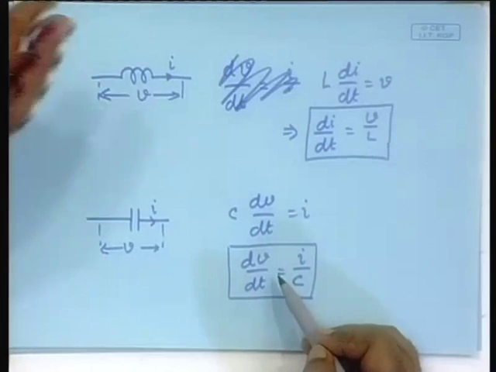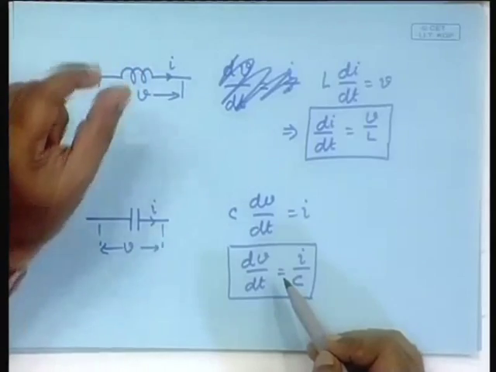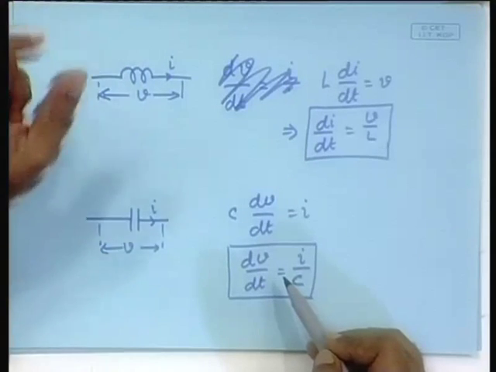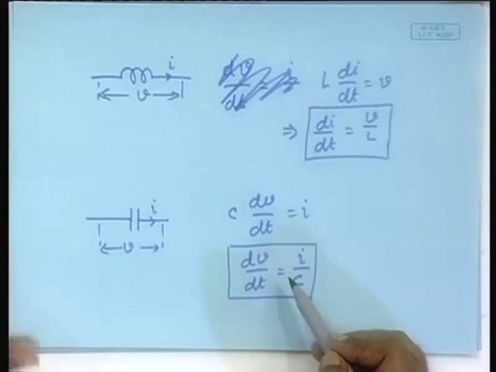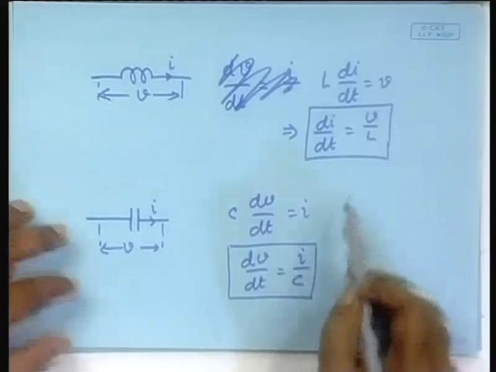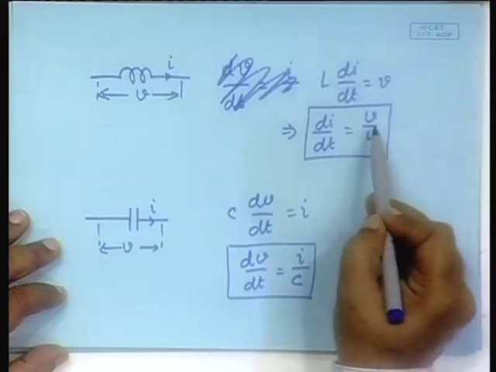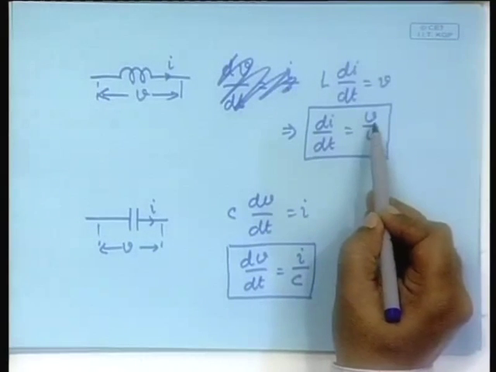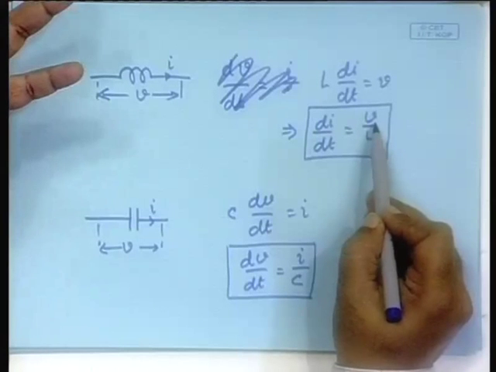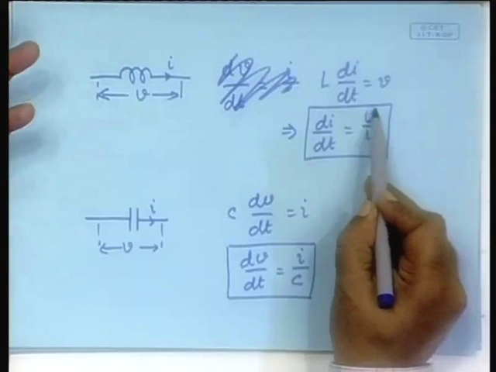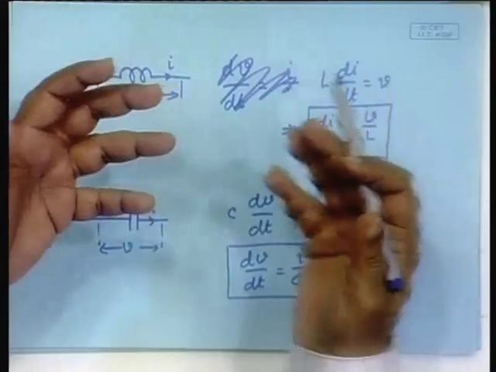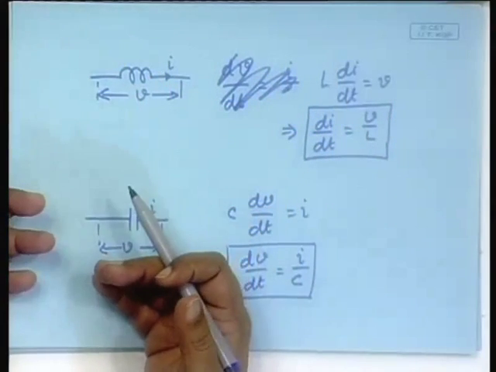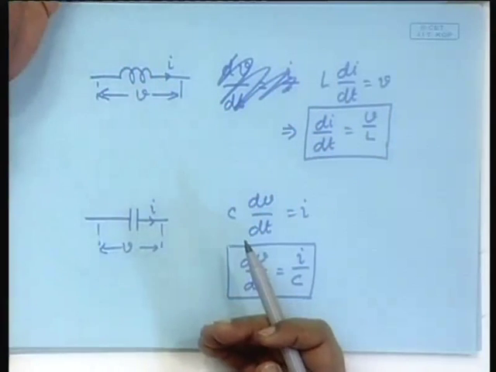So, that leads to the conclusion that for each of the inductors there will be one first order equation, for each of the capacitors there will be one first order equation. What to do about the right hand side? This could or could not be a chosen variable. So, all we need to do is to express this in terms of the variables using the Kirchhoff's laws.